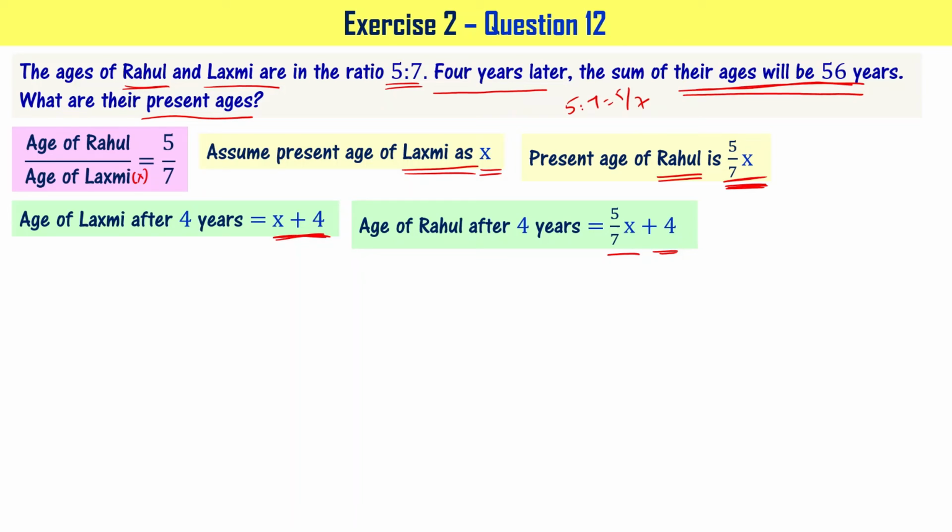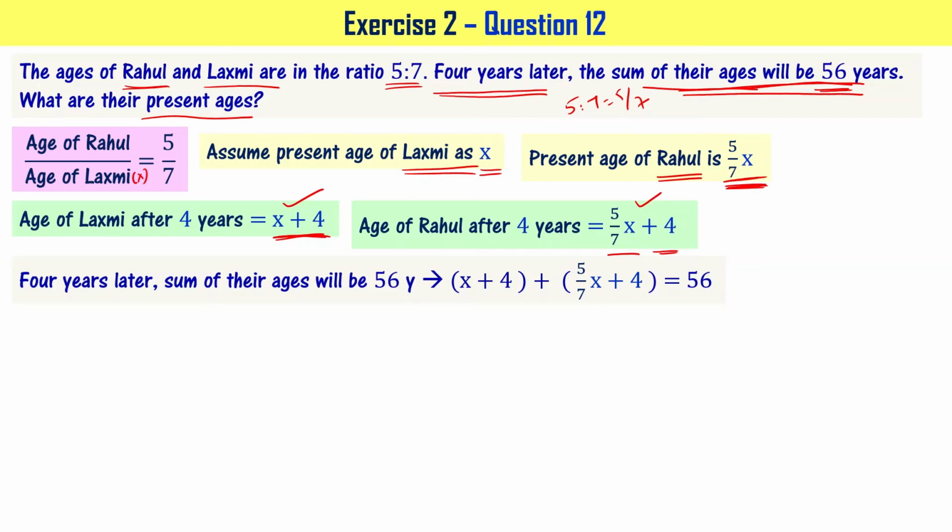Got it? Now if you look at this statement, it says that the sum of their ages will be 56 years after 4 years. It means if I add this to this, that is going to be equal to 56, right? Let me write that. 4 years later, the sum of their ages will be 56 years.